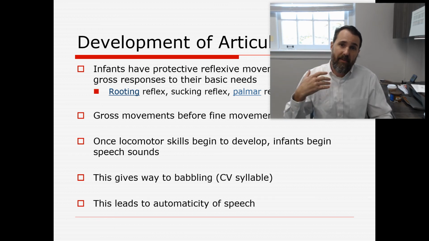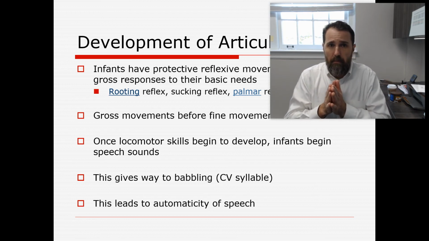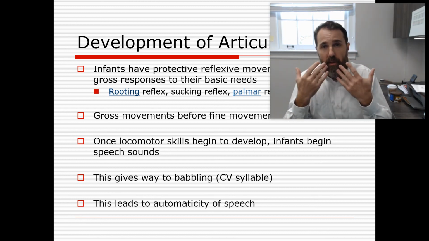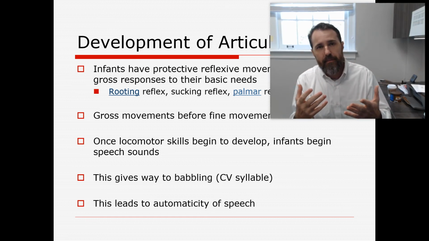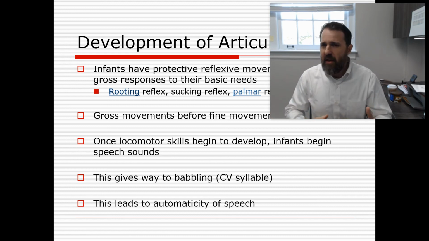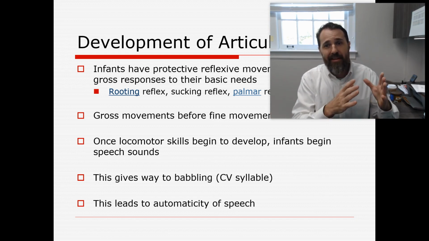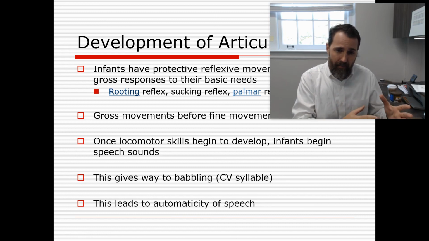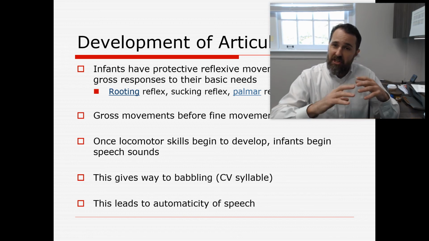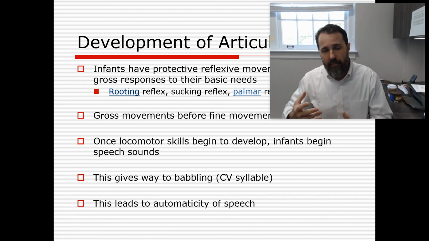I got to start my expiratory airflow and adduct my vocal folds. And then I have to build up pressure and release that. And then I have to worry about the vowel and where my tongue is. I don't worry about those things, but I did when I was an infant lying in the crib babbling. I just did it so much as an infant that now I don't have to think about it.